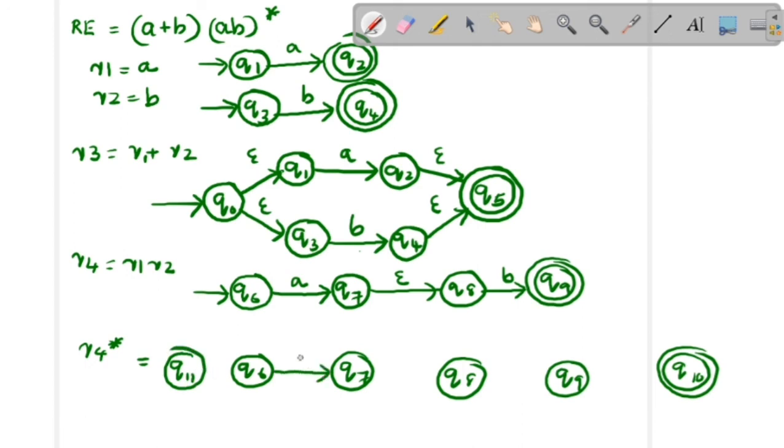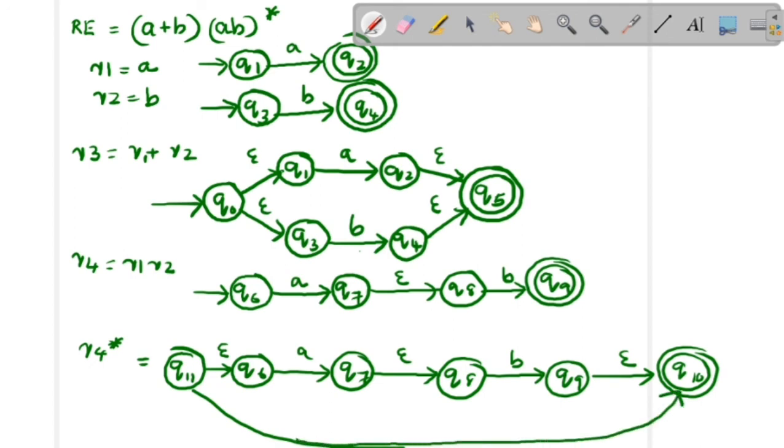So here it is A, epsilon, B, with no change for that, and here it is the epsilon transition, here also epsilon transition. Then from initial state to final state, an epsilon transition, then B to A, epsilon transition, and here it is the initial state. Okay, so this can accept R4 star.